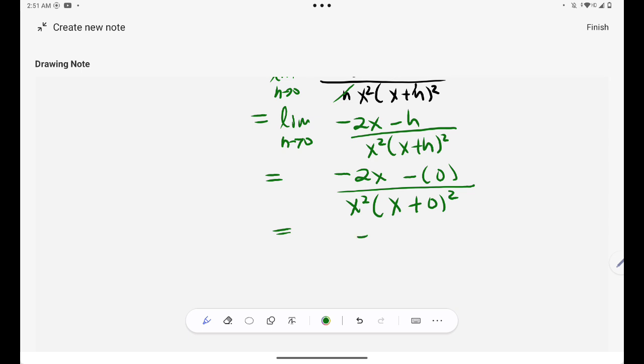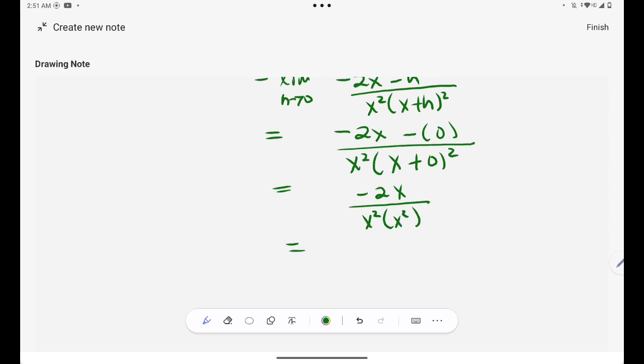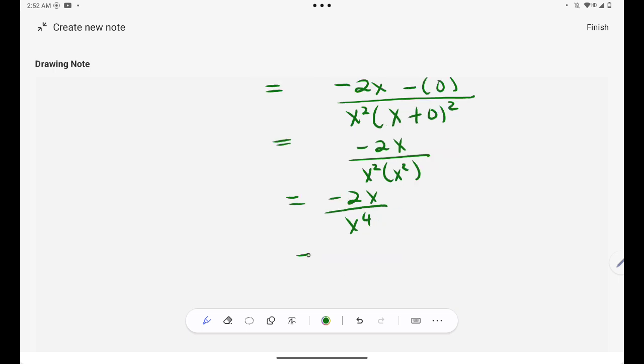So therefore I'll be left with negative 2x divided by x squared times x squared. This is the same as negative 2x all over x to the power 4, which gives me negative 2 over x cubed. So that's my derivative.